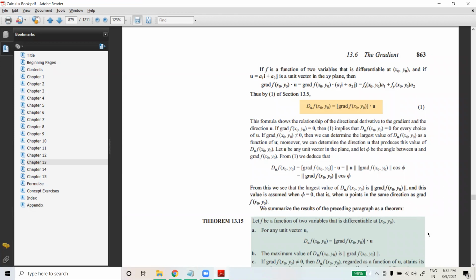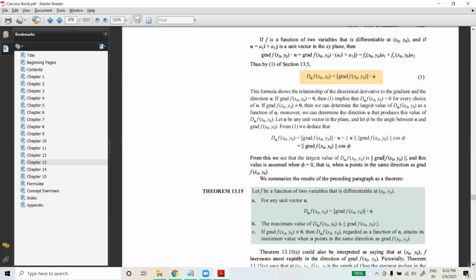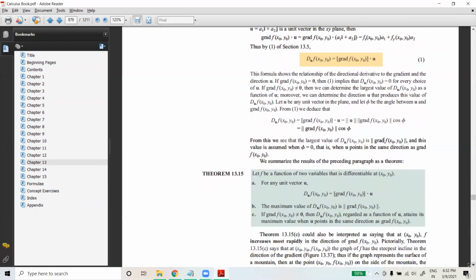Also, when you're doing a dot product and you expand it, you get the magnitude of the unit vector times the magnitude of the gradient times cosine of phi, the angle between those two vectors. If phi was 0, cos phi is 1, so you get the maximum value as the gradient.